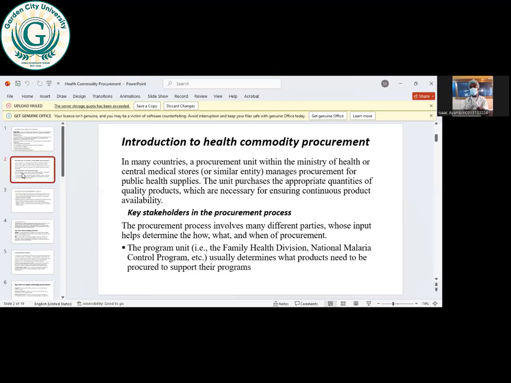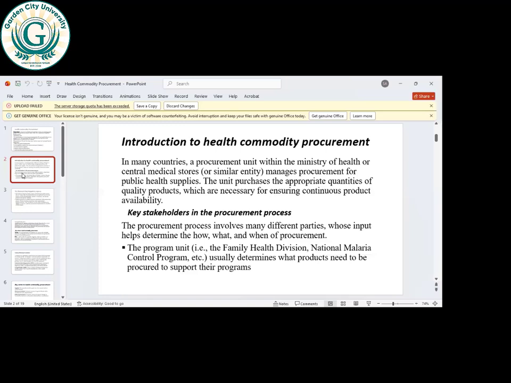Isaac, Ayamberry. Hello, sir. Yes, please. Sir, please, can you throw more light on the bidding and the tendering again? Which one? The bidding and the tendering. I said I want to get there. We will get there so that when I get there, I explain it. Okay, sir. Thank you.